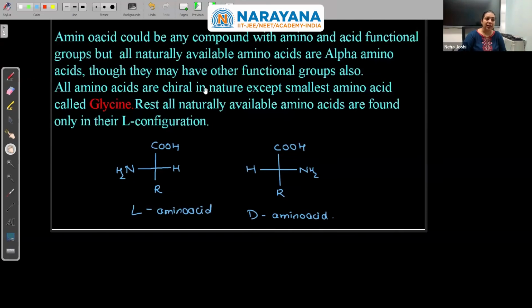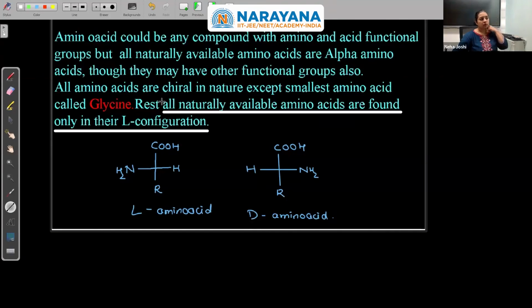All amino acids are chiral in nature, except the smallest amino acid, called glycine. It is achiral, the rest are all chiral. The rest of all naturally available amino acids are found only in their L configurations. Please remember this in particular, that all naturally available amino acids are found only in their L configuration.